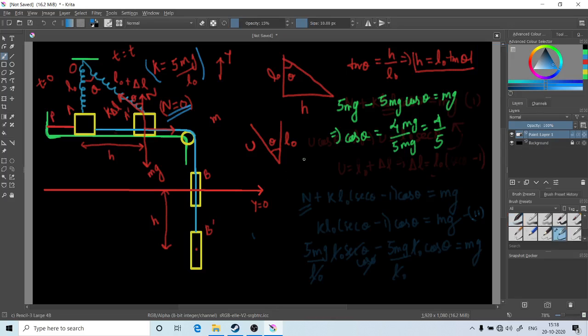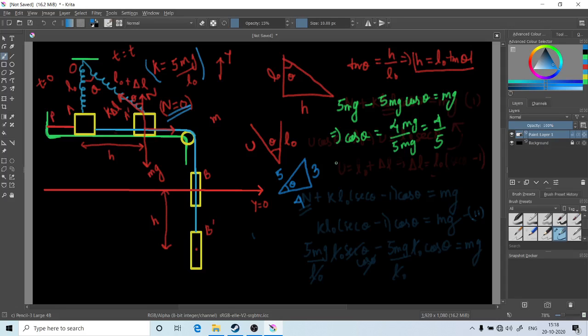Now in a right angle triangle, this is theta, cos theta is 4 by 5, the base 4, hypotenuse 5, we get the value of the perpendicular, which is 3.